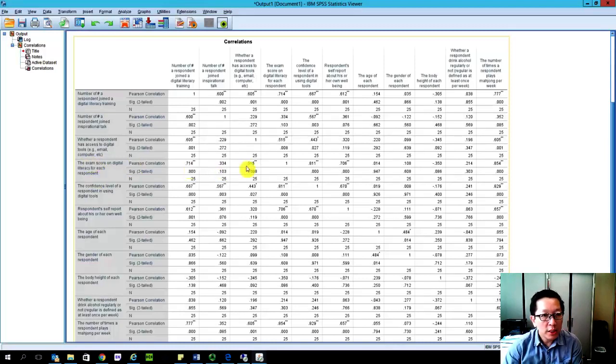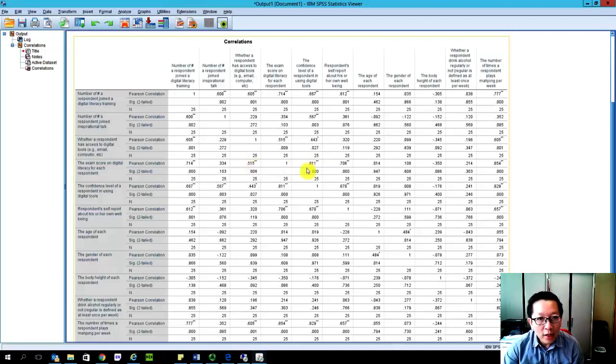And your exam score is also related with you having access to digital tools, 0.515, which could tell us that people who have access to these digital tools are more likely to perform better in their exam score on digital literacy. It could mean that maybe they have more time to spend, more time to practice, right?